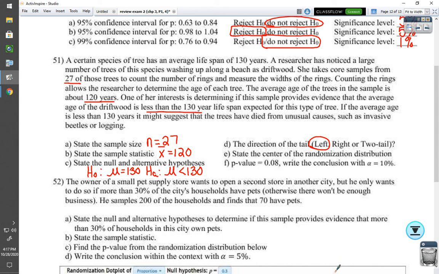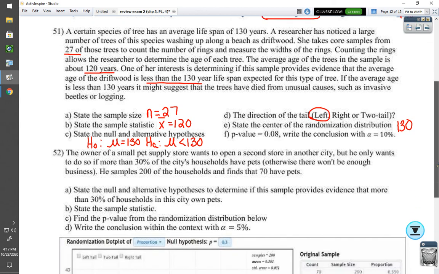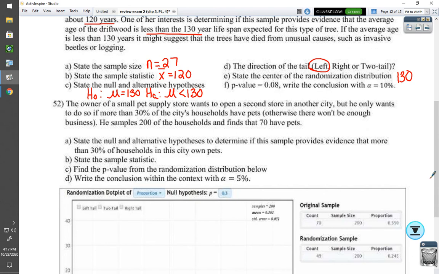State the center. The center is the mu value at 130. If we have a p-value of 0.08, what is the conclusion for a 10% test? 0.08 is smaller than 10%, because 10% is 0.1, so therefore we would reject at that significance level.